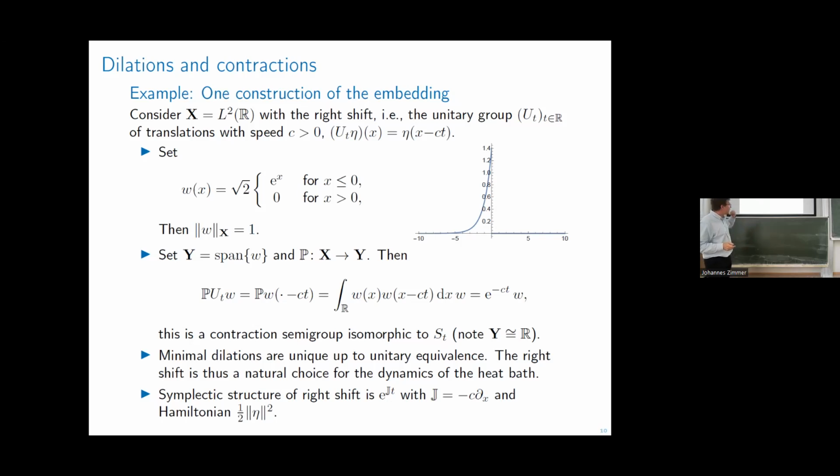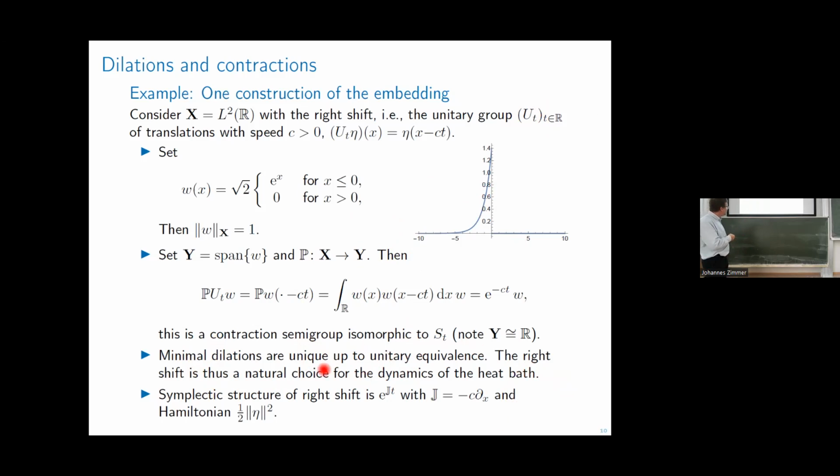It was really this example that told us a good way to go about it. Namely, this is an example of a dilation, and in fact, one can show minimal dilations are unique up to isomorphism. Therefore, what I've shown here is, in a sense, a very general thing. The right thing is a completely natural choice.